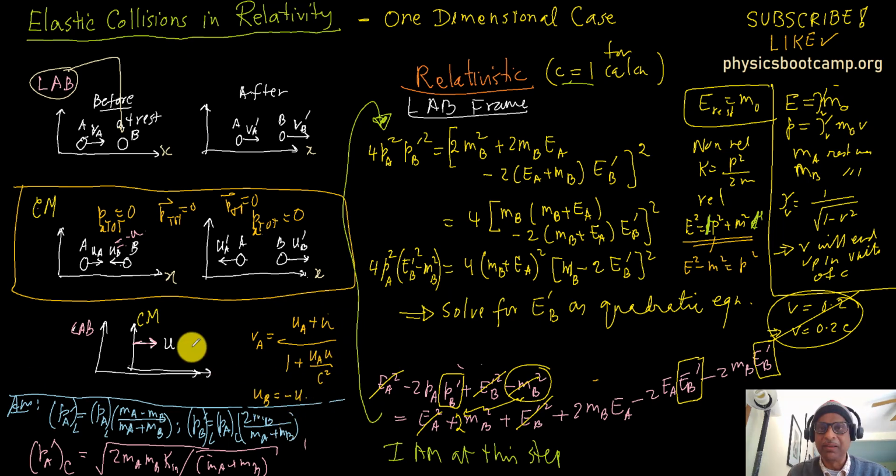Okay, so I'm not going to carry on and will abandon this here, and we can just forget the lab frame and do the calculation in the CM frame. And now I'm going to show you how the CM frame works.